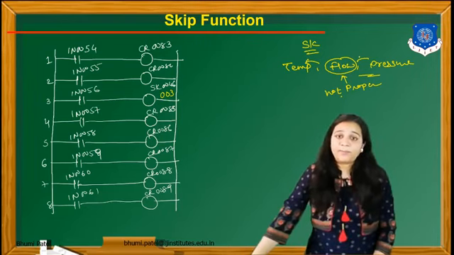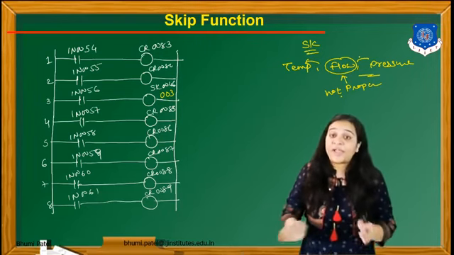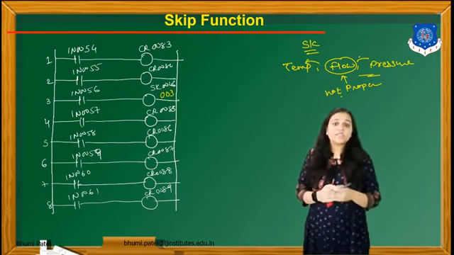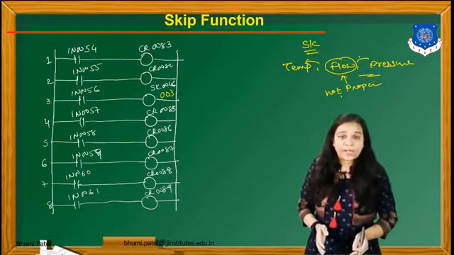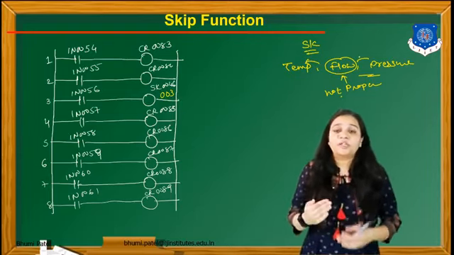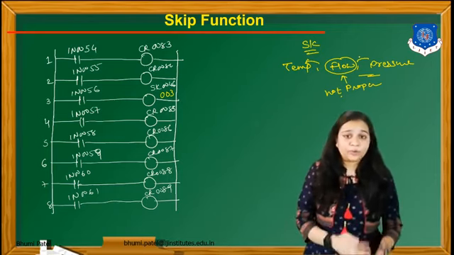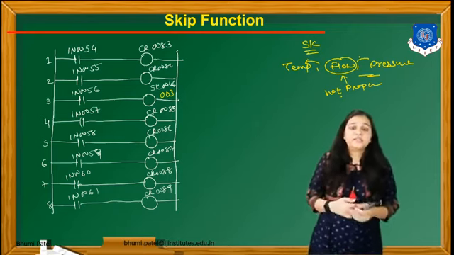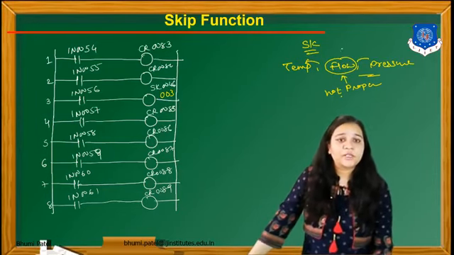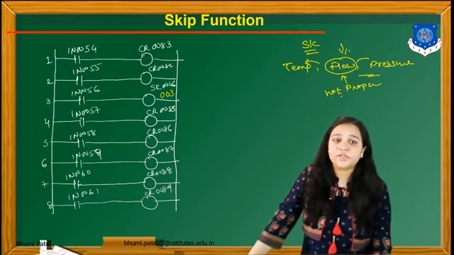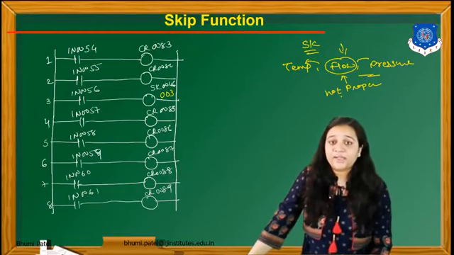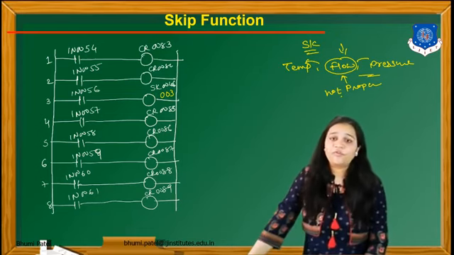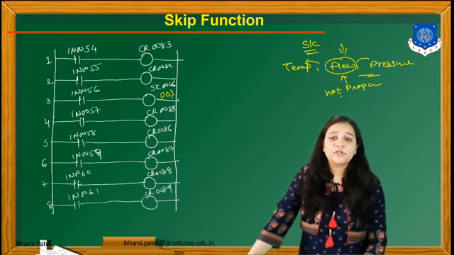Whenever we write the skip command in a program, it will skip the particular lines of the program for some time. Suppose we have to use the skip function for the flow controller. After some time we will skip some lines. Here they will write SK0046 and 003.